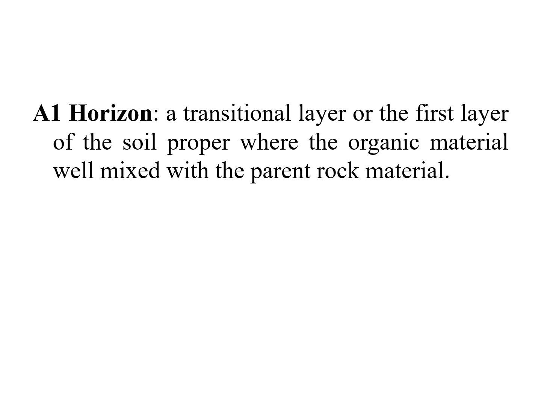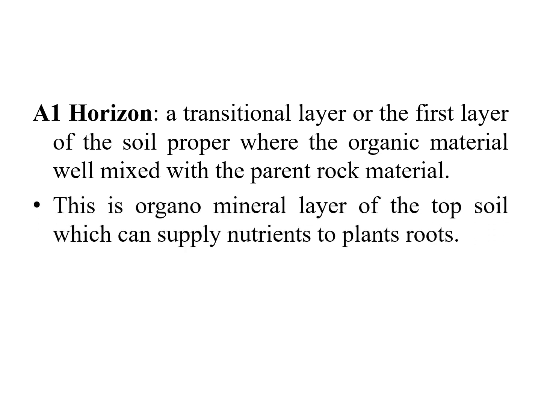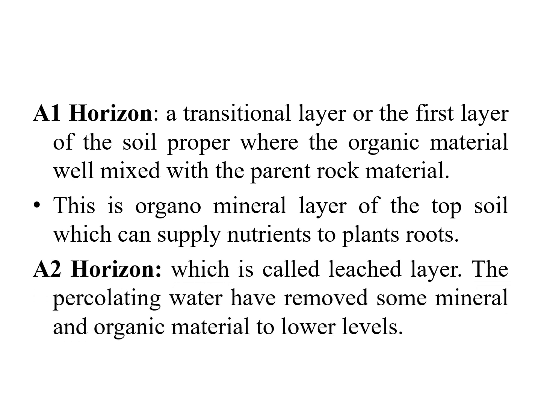Where you could see this strata, that layer is called the A1 horizon. So this is an organomineral layer. It's also called the organomineral layer. Why? Because the organic material is well mixed, that we can see on the topsoil, which can supply nutrition to plant roots. Then the A2 horizon, which is called the leached layer.